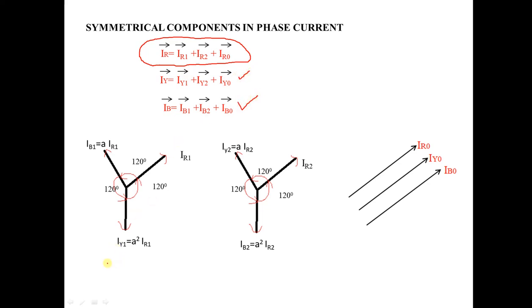These are the notations for the positive sequence, negative sequence and zero sequence. From this we are going to find the positive sequence current, negative sequence current and zero sequence current.